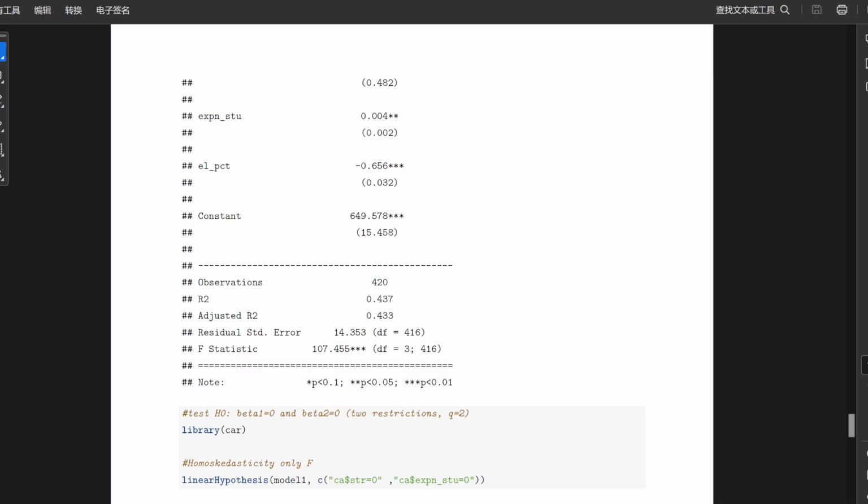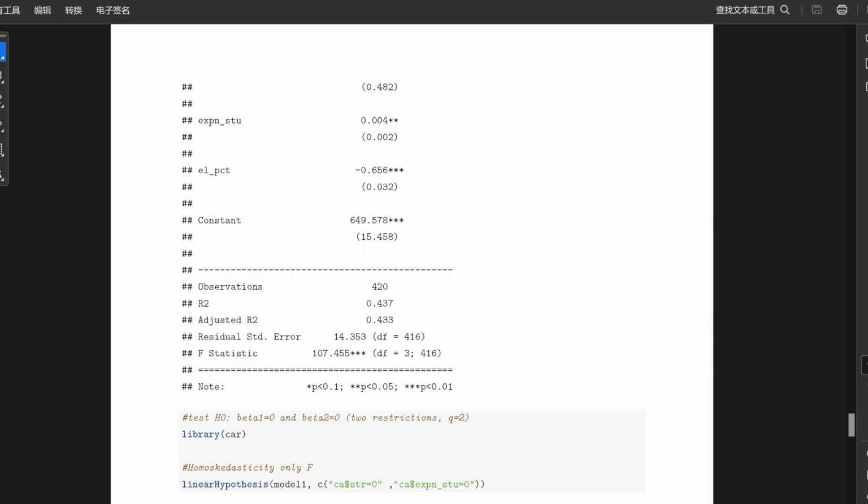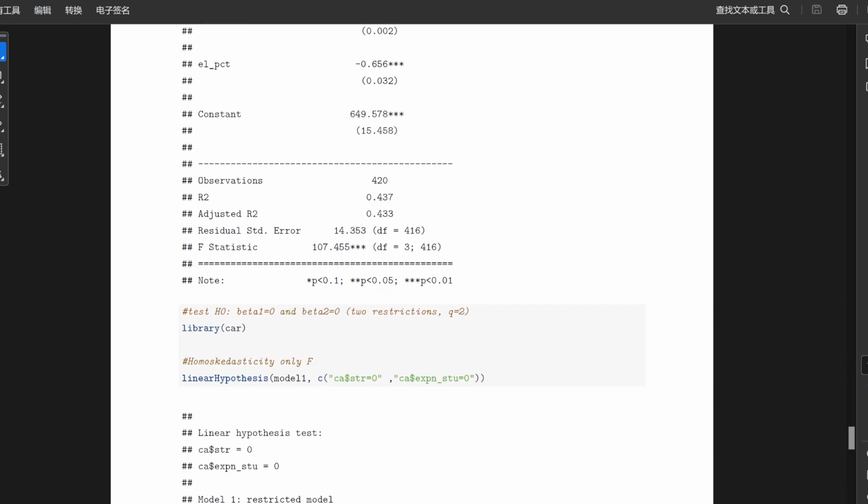And you will see it will report robust standard errors in the parentheses. Now we can test the null hypothesis that beta 1 is 0 and beta 2 is 0. So student-teacher ratio is 0 and expenditure per student is 0.